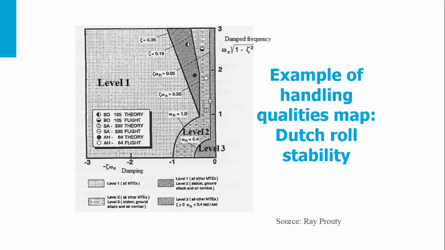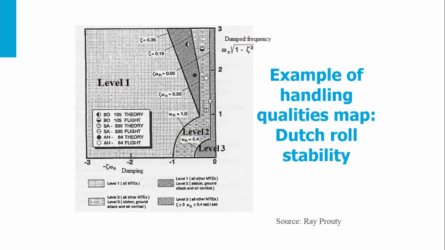Handling qualities levels have been defined for the Dutch roll stability in a handling quality map. You see here the damping of the Dutch roll and the damped frequency. You see level 1, level 2, and level 3.